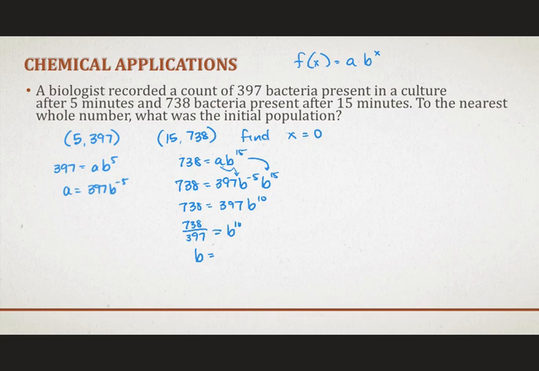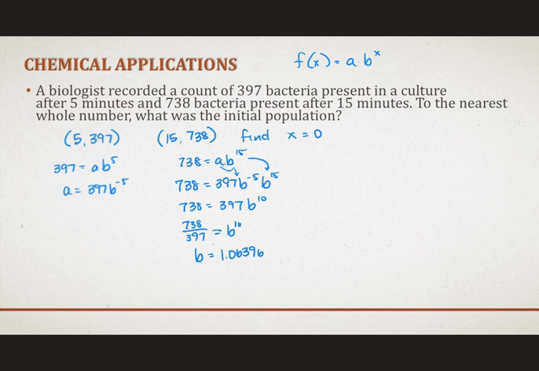So b is going to be the 10th root of 738 divided by 397. So b is 1.06396. When in doubt, use more decimal places than you think you need. Okay?